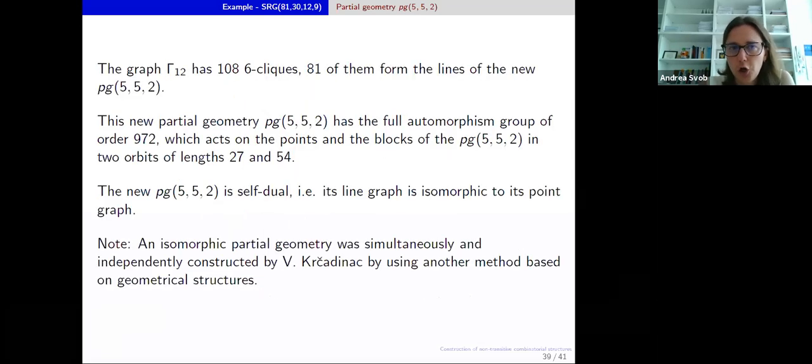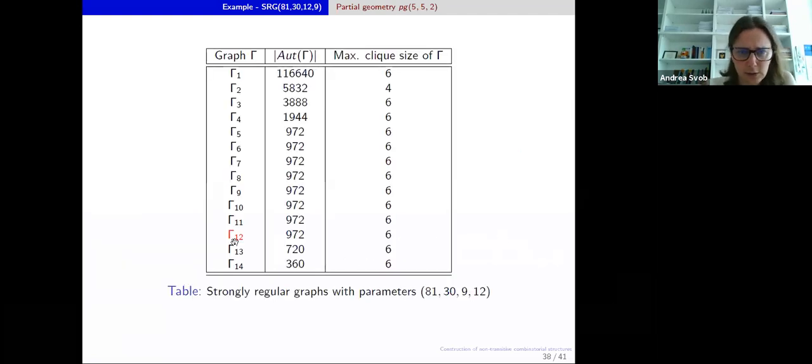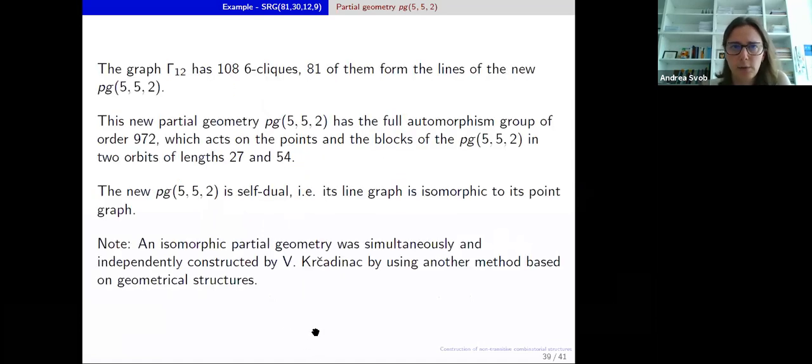We showed that the graph gamma 12, the one that I pointed out here, has 108 6-cliques. And these 6-cliques are those S+1 sets that we need for PG. 81 of these 6-cliques form the lines of the new partial geometry.